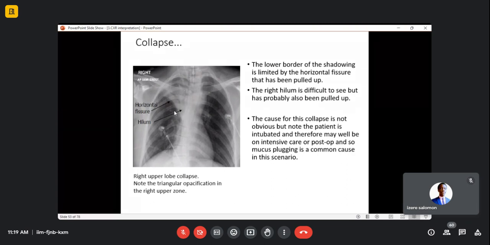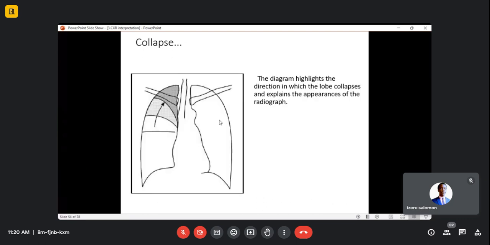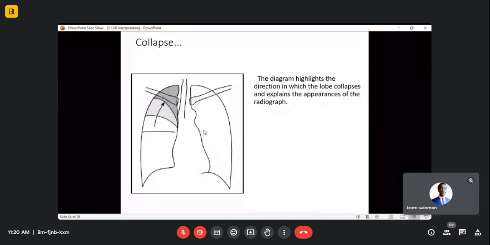And when you see the hilum at the same level, even higher than the left side, you have to say there is something wrong here. So the horizontal fissure has gone up. Even the hilum has gone up to the level of the left one. Those are the indirect signs of part of the lung collapse.